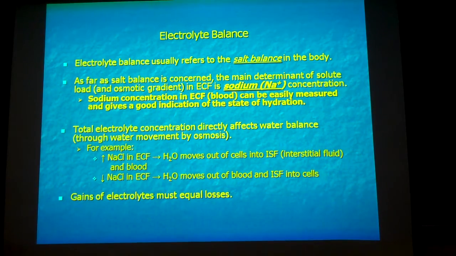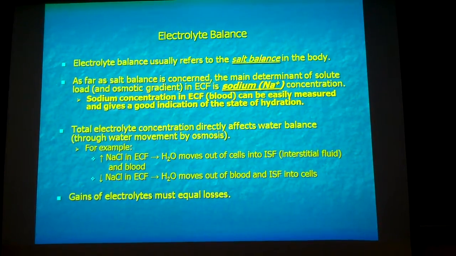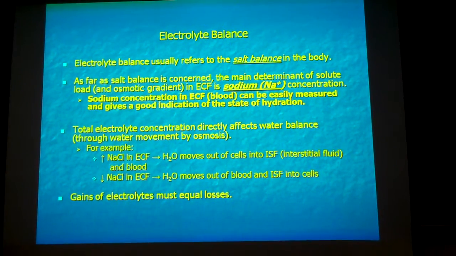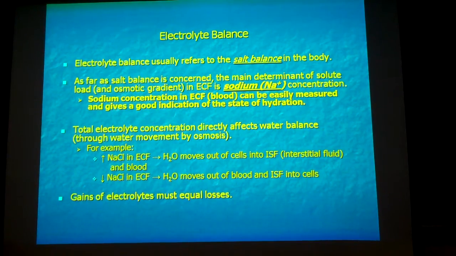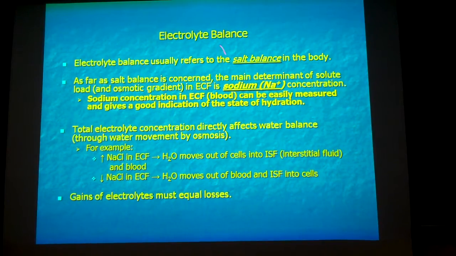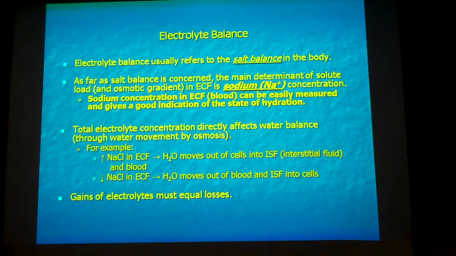Does that make sense? With electrolytes, our gains need to equal our losses to keep an electrolyte balance. When we talk about electrolyte balance, we're mainly talking about the salt balance in the body. Remember I told you sodium is the most important cation, and that's what this is saying right here. The main determinant of salt balance, and therefore the osmotic gradient, is this ion right here, sodium.